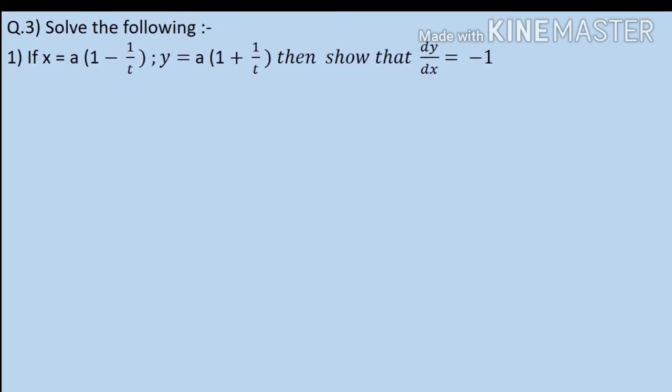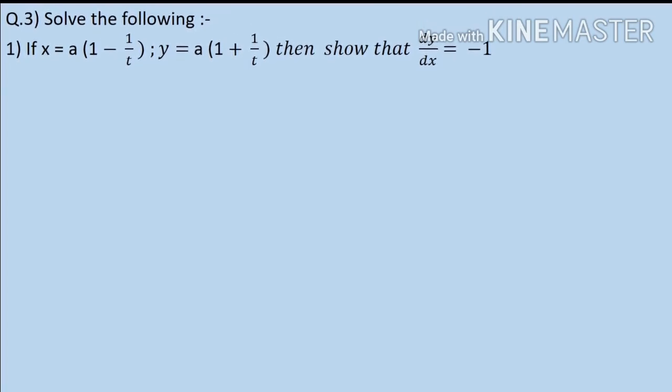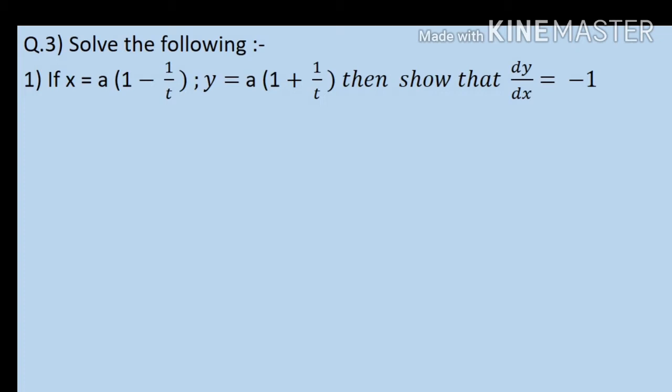The first sub question is if x is equal to a into bracket 1 minus 1 upon t bracket complete and y is equal to a into bracket 1 plus 1 upon t bracket complete, then show that dy by dx is equal to minus 1. Now you know that to find dy by dx we will first differentiate x and y variables.